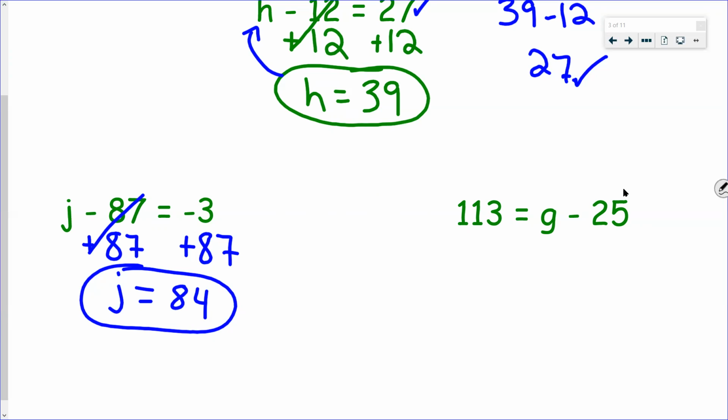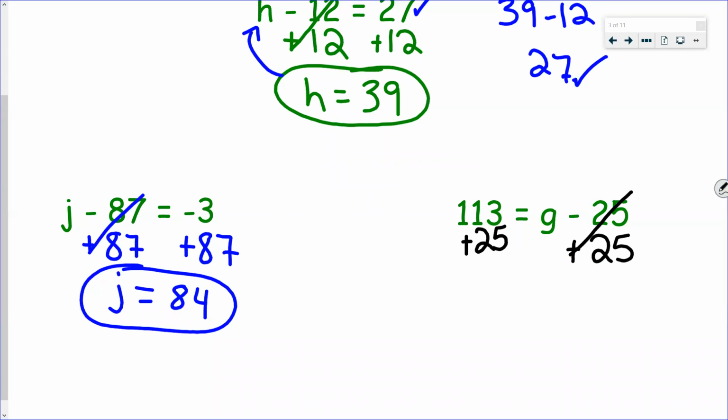Now let's look at one more. This time I put the variable on the right side of the equal sign. We still are going to follow the same rules. It doesn't matter what side of the equal sign the variable is on. We see a variable minus 25, so we're going to add 25. We're going to do the inverse operation of subtraction. If I add 25 on the right, I have to add 25 on the left.